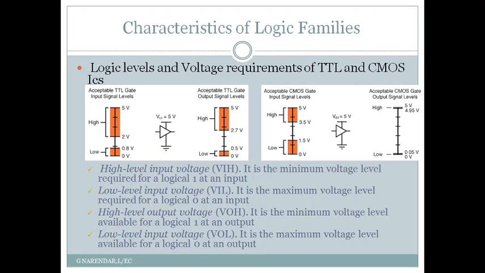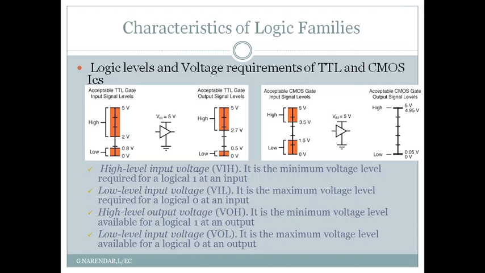They will take only those two types of signals as input, or they will output only those two types of signals. So what are those signals? Those signals are called logic 1 signal and logic 0 signal.